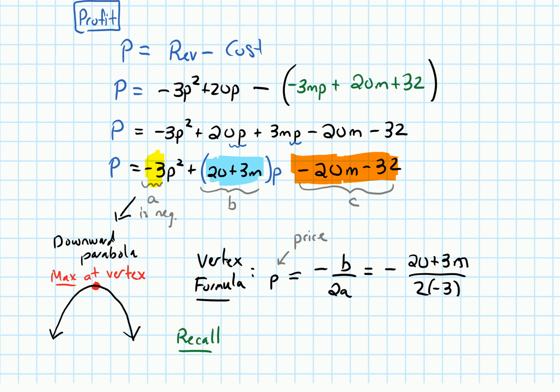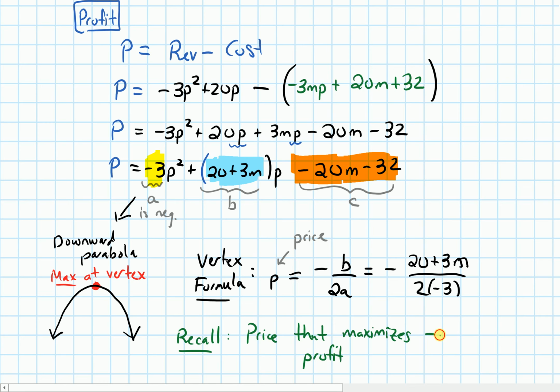Just to be clear, let's put this P also in black, lowercase p. All right, so let's recall that the price that maximizes the profit equals $7.